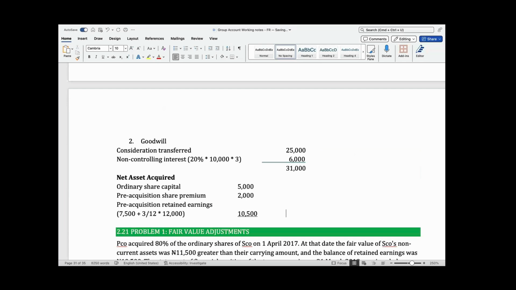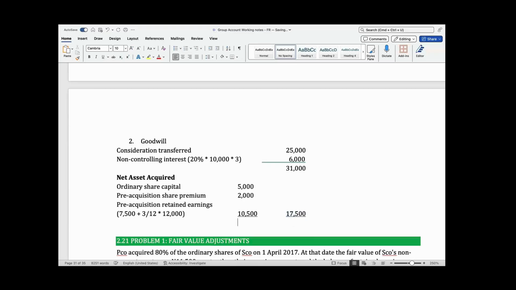Okay. So what's the addition of these three? $17.5. So what's my goodwill? 13.5.